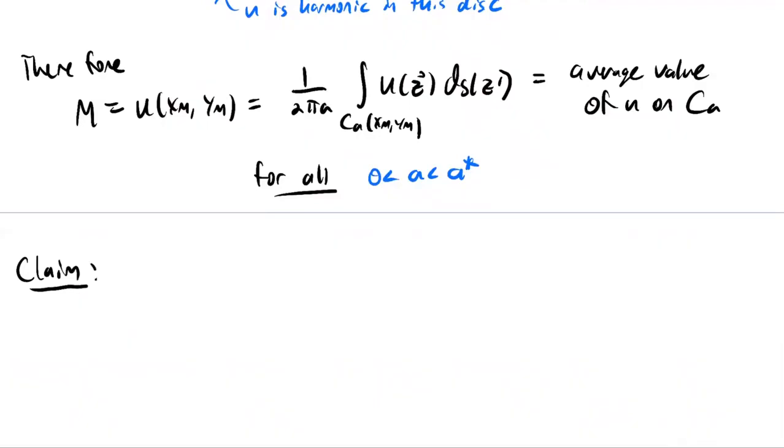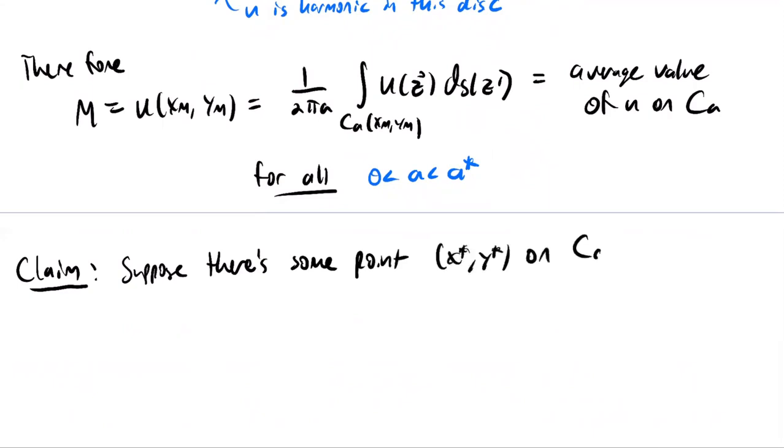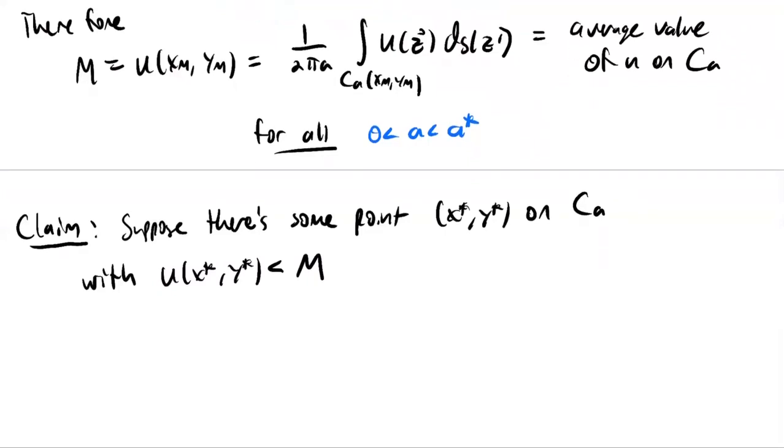So the claim is that, well, suppose there's some point, say X star, Y star on the circle CA with U of X star, Y star strictly smaller than the maximum, right? Strictly less than M, right? So maybe this is part of my circle here, and this is the point X star, Y star, right?